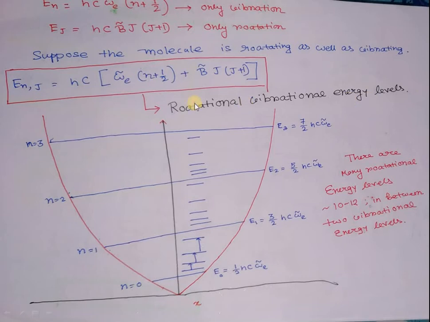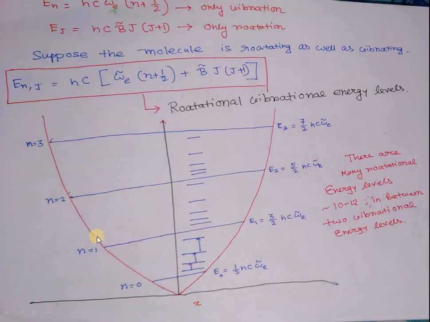So we will see how these rotational energy levels look diagrammatically or pictorially. So you can see that this is basically a parabolic curve. This arises because it is basically a harmonic oscillator model system. So the equation of the harmonic potential energy function of the harmonic oscillator system is half k x square.